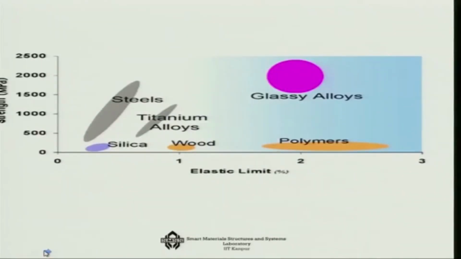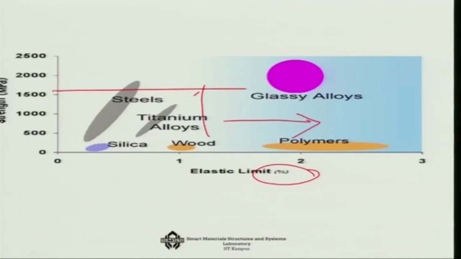In this last picture, if you look at it, in terms of strength, if you can make the glassy alloys, you are going much higher above the steel. That is the advantage of the glassy alloys. And if you look at the percentage strain also, you can go much higher above the steel, aluminiums, etc., something which you can compare only with polymers.